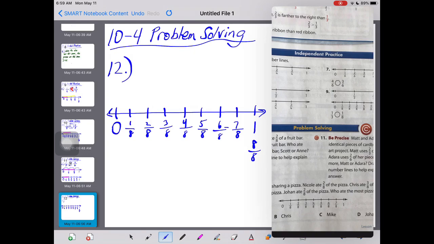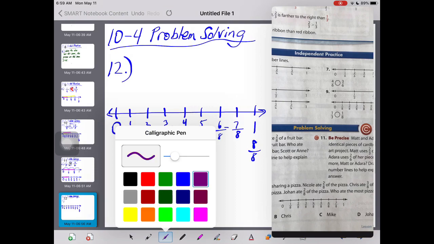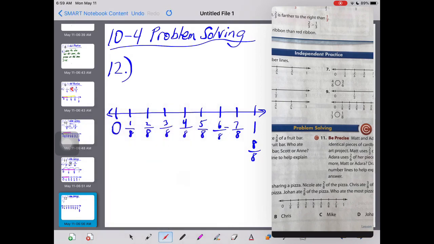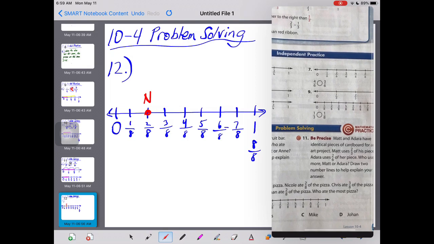So it says Nicole ate 2/8. All right, so I'm going to do something maybe a little different. I'm going to put dots. So Nicole ate 2/8. So I can just put my little dot right here, right? Because it went 1, 2. So I'll put N for Nicole.